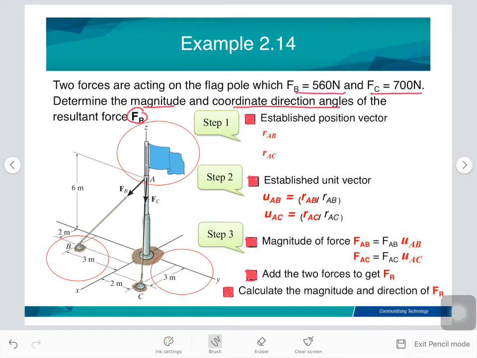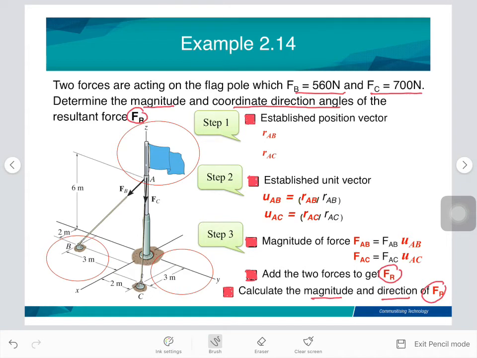So the question asks to determine the resultant force and coordinate direction angles. So here you must understand that you need to add two forces to determine the resultant force, and you need to calculate the magnitude and direction of the resultant force. The coordinate direction means the alpha, beta and gamma.